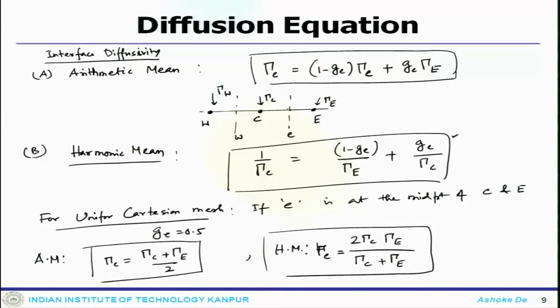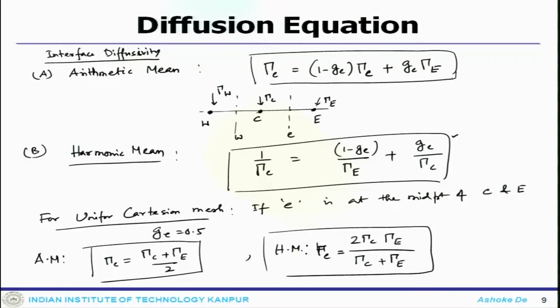Now, when there will be a non-homogeneity, essentially that means this gamma is varying from cell to cell, that means this is a function of space. So, from one location to another location gamma varies. So, every cell element or the finite element, they will have different values of gamma.